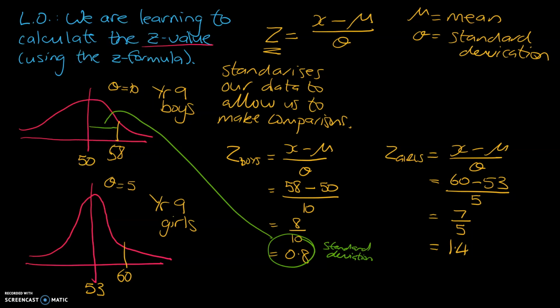And what that means is the difference between that person's weight and the mean weight of their group is 1.4 standard deviations. So that means they're 1.4 standard deviations away from the mean.